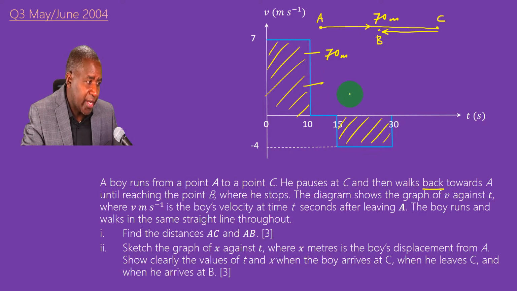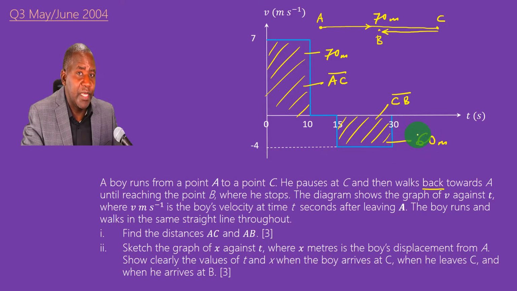So this area represents the distance from A to point C. This area here represents the distance from C to point B. Like that. And it is 15 times 4, which is 60. You can see this is 15 and this is 4, 60.